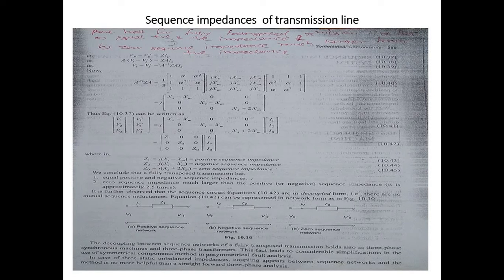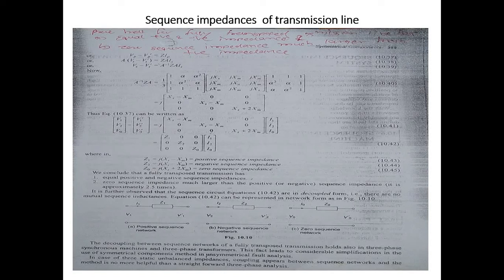We will get this equation, and if we solve it, at the end we will get the voltage difference, that is V1, V2, V0, the positive, negative and zero sequence voltages at the sending end, minus V1 dash, V2 dash, V0 dash, the positive, negative and zero sequence voltages at the receiving end, equal to J into the reactance matrix into the current matrix, where I1, I2, I0 are the positive, negative and zero sequence currents. Then we get the relation that the positive sequence impedance for the transmission line is given by Z1 equal to J into (XS minus XM).